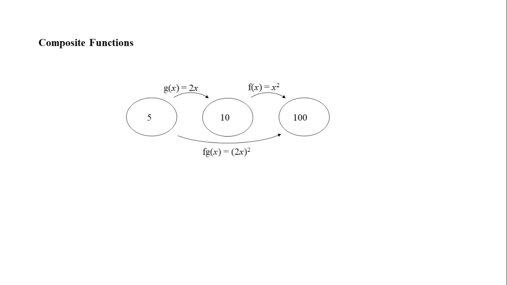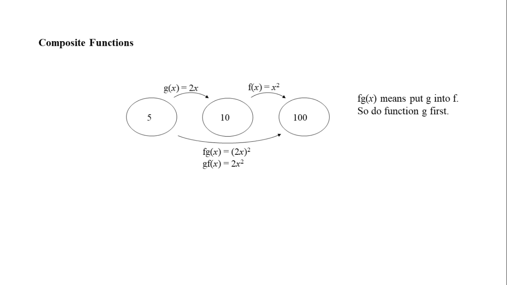And f of g of x is considered to be the quantity of 2x raised to the power of 2. While, if you compare it with the g of f of x a while ago, it is 2x squared. Now, f of g of x means put g into f.